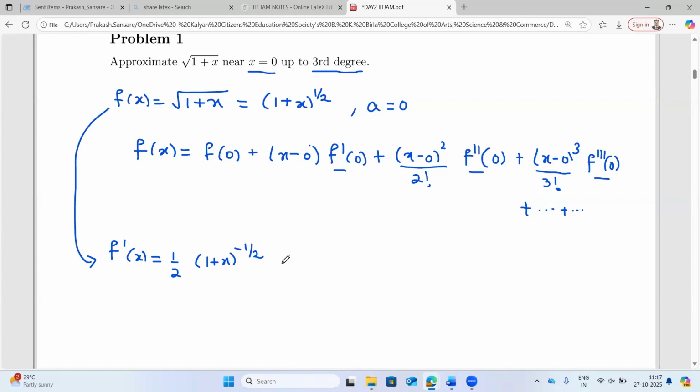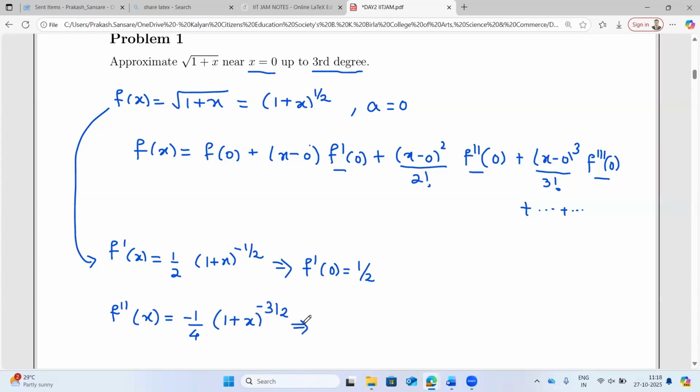If I evaluate at x equal to 0, I get f dash at 0 equal to half. Then I need f double dash at x, which is minus 1 by 4 times 1 plus x power minus half minus 1, which is minus 3 by 2.